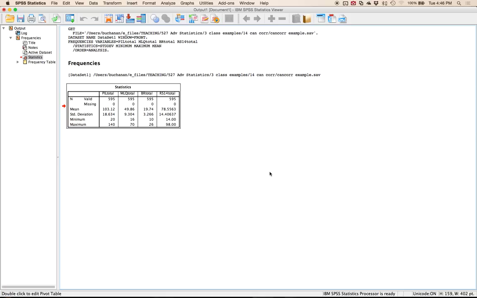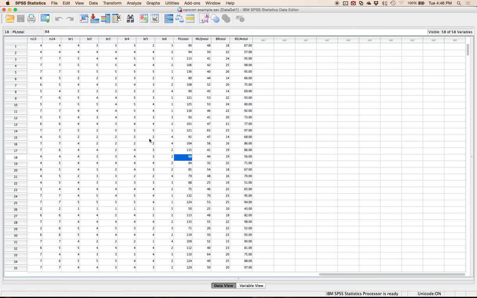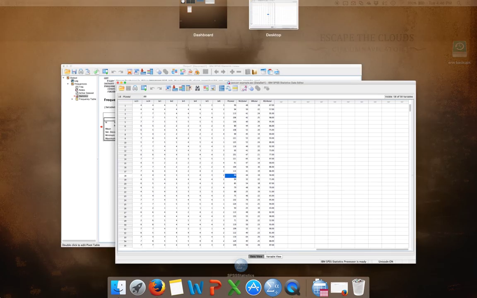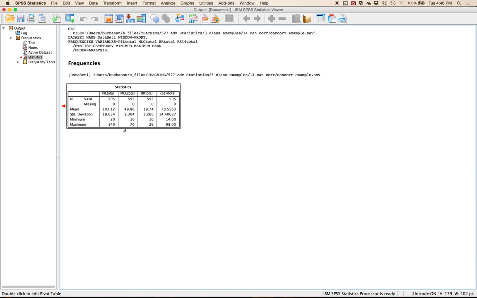The MLQ is 10 questions, 1 to 7, so I don't have anybody at the very, very bottom, but close. The brief resiliency scale is, I've already forgotten, 6 questions. Yeah. 1 to 7. So, should be 6 to 42. So we're within that range.